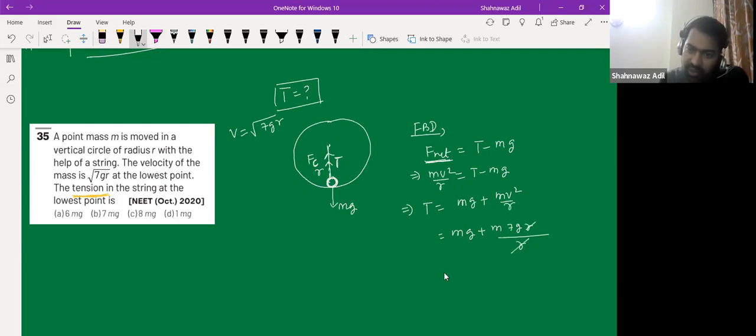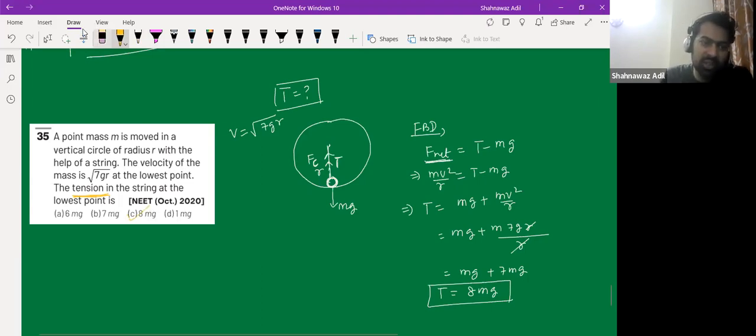This will cancel, so we have mg plus 7mg. So this is 8mg. That is the tension. Is this clear, guys? Any doubt that you have? No, sir. Good. So please note it down and then we'll do another question.